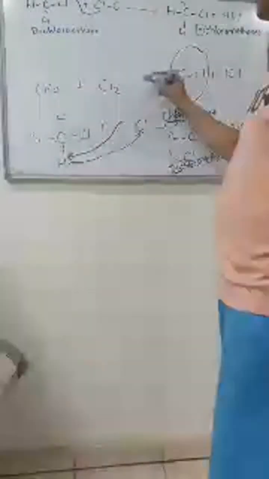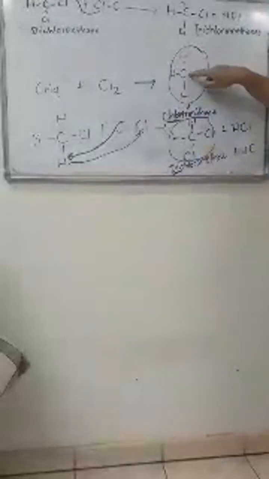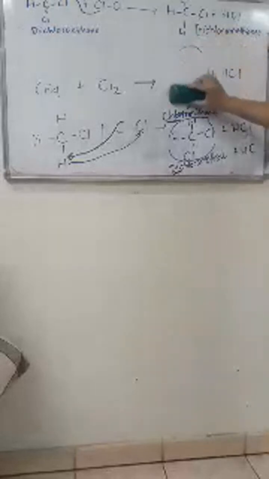So CH4, chlorine gas, for the purpose of saving space only, but anyhow, you understand. It's going to be CH3, 1, 2, 3. So CH3Cl. Like that. CH3Cl.